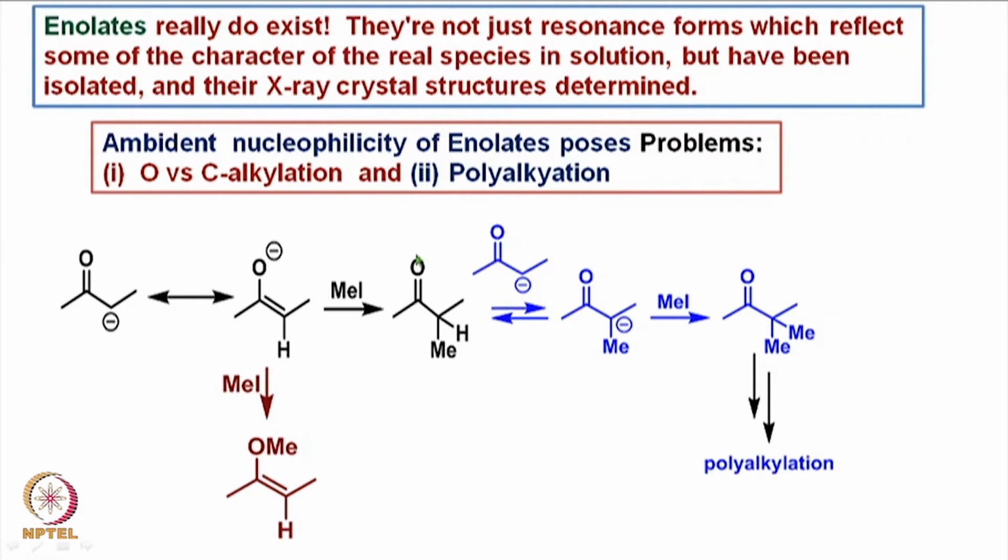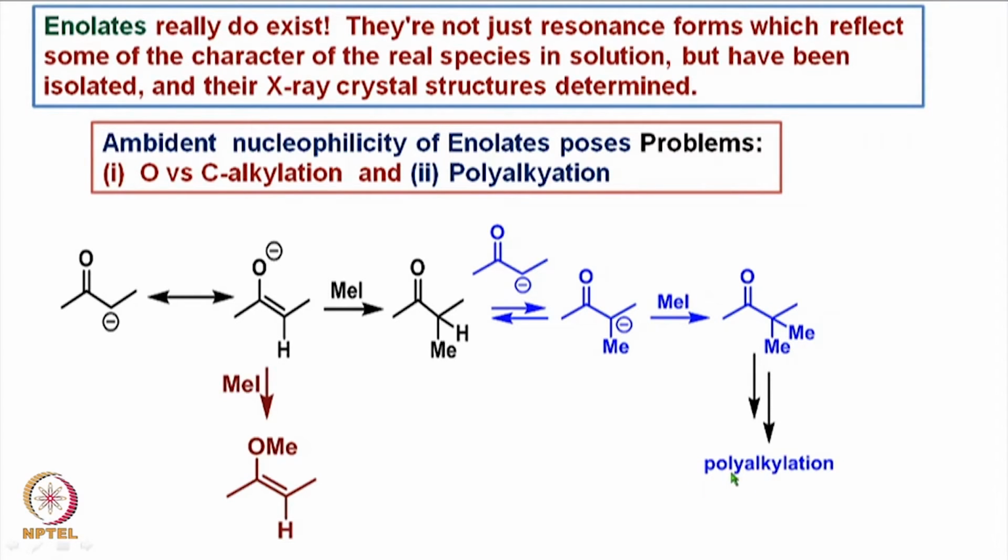That is, this particular ketone can undergo deprotonation here by base present in the reaction medium or by the carbanion present in the reaction medium to make another carbanion like this, which can then react with methyl iodide to form a dimethylated compound. Now this dimethylated compound in principle has 3 more hydrogens alpha to the carbonyl group, which can be deprotonated, and each of them can undergo alkylation eventually to lead to polyalkylation.